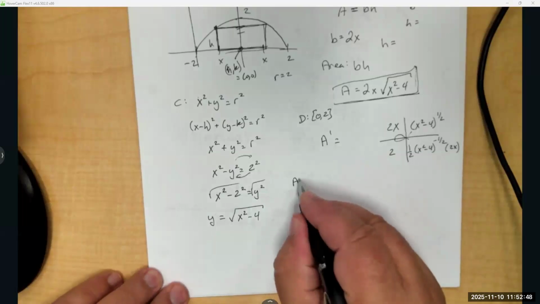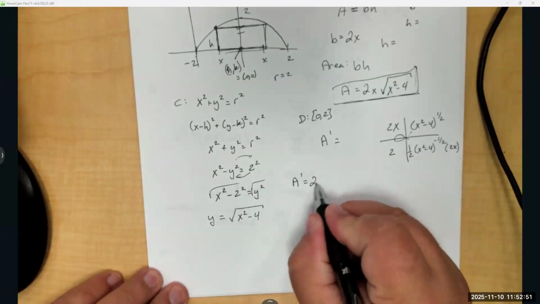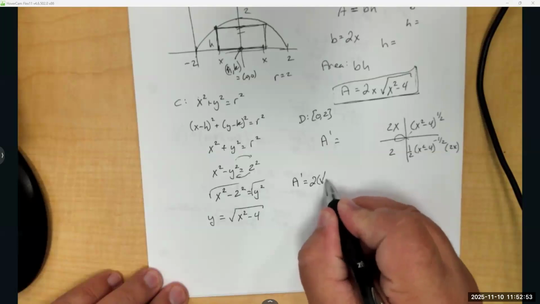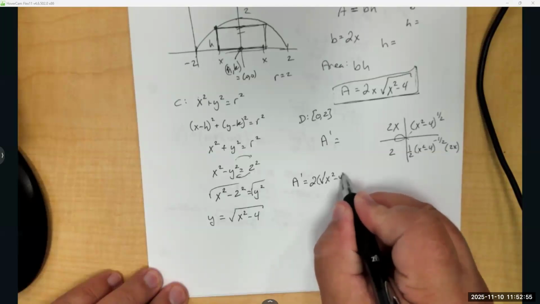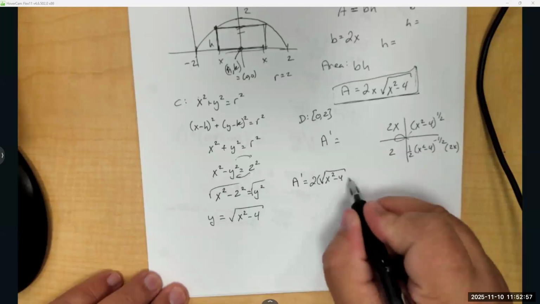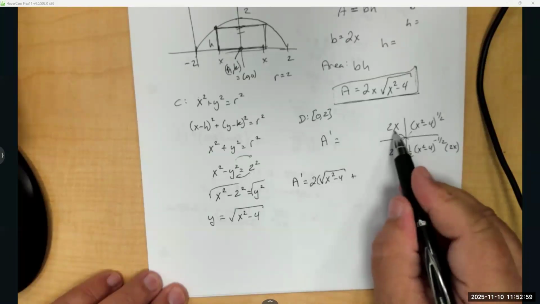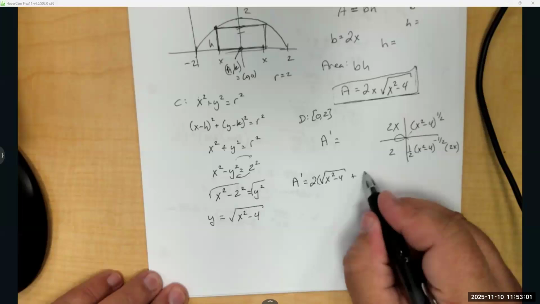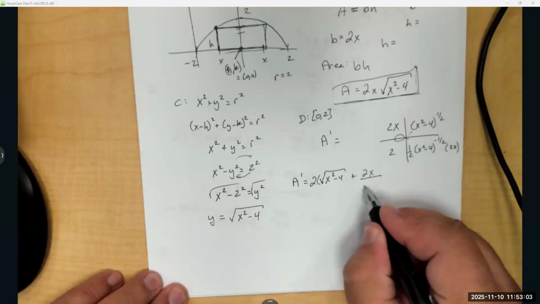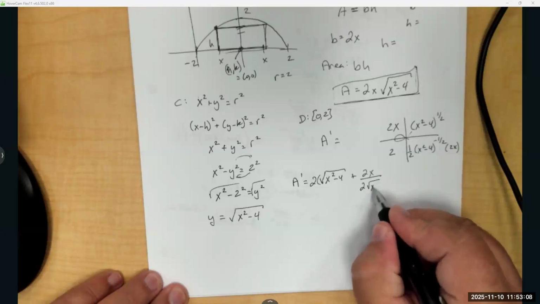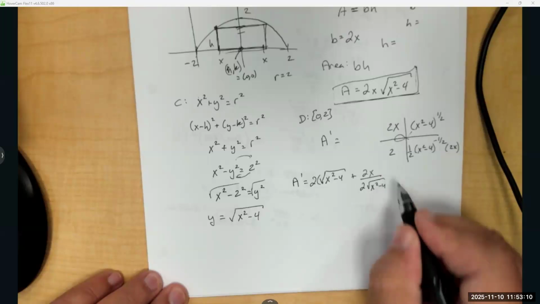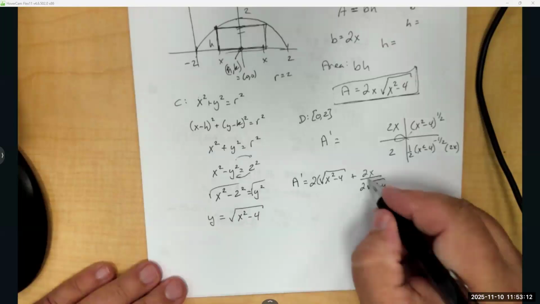So A prime will equal 2 times the square root of x squared minus 4 plus 2x over 2 square root of x squared minus 4. 2's cancel.